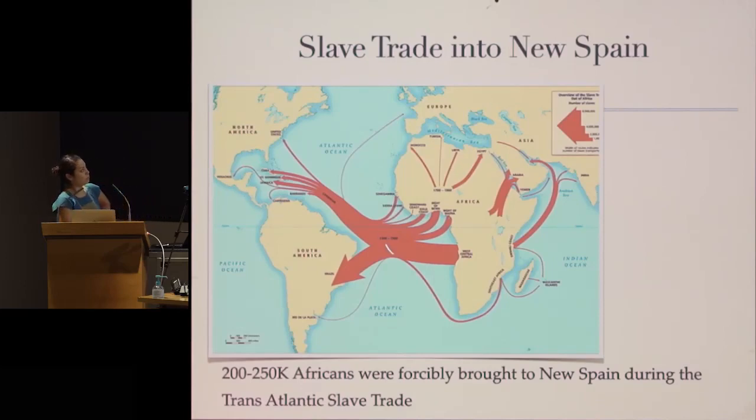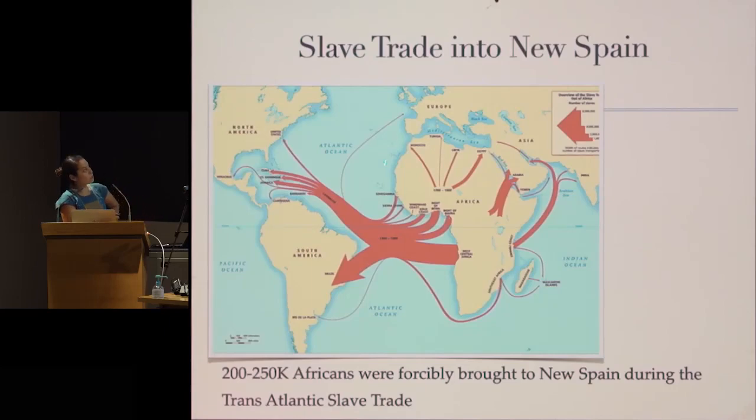This is one example of the few that actually has an arrow pointing to Mexico. But actually the slave trade was very, very intense to New Spain for a short period of time, but it was very, very heavy. So we have an estimate between 200 and 250,000 Africans forcibly taken from the coasts of Africa to the port of Veracruz in Mexico.